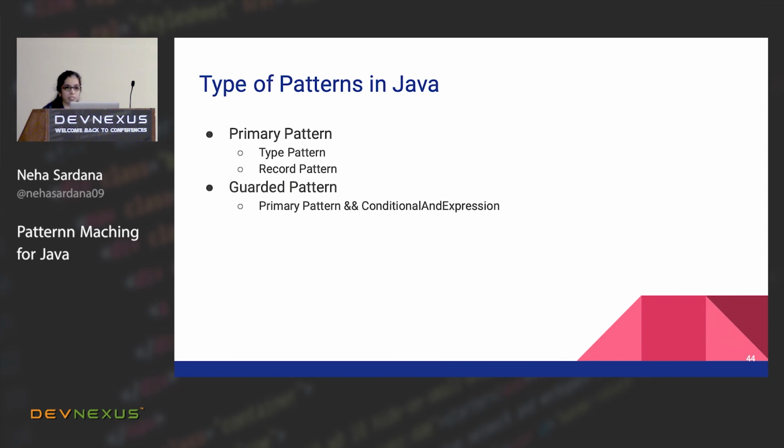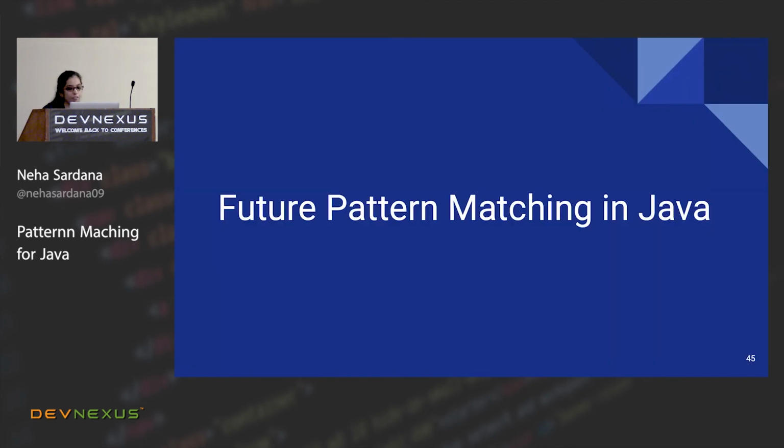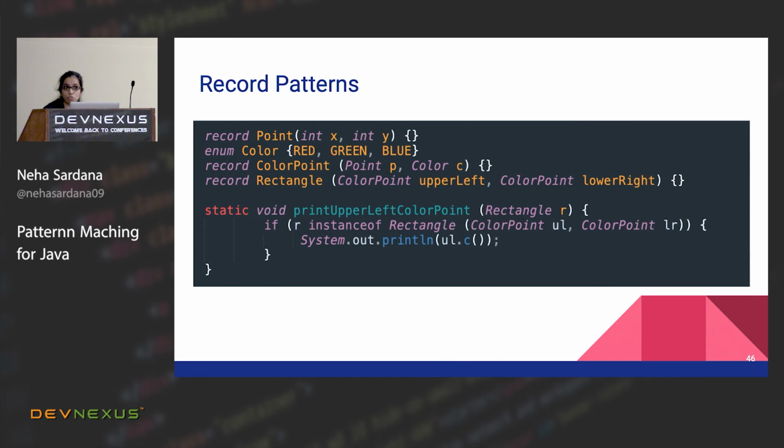The guarded pattern I talked about has an ampersand. Right now, it works with ampersand and conditional expressions you can add. Otherwise, I think it will be introduced with some simpler keywords so that you can use it with ease and not have to add a lot of code. This is subject to change, but this is still the proposal.